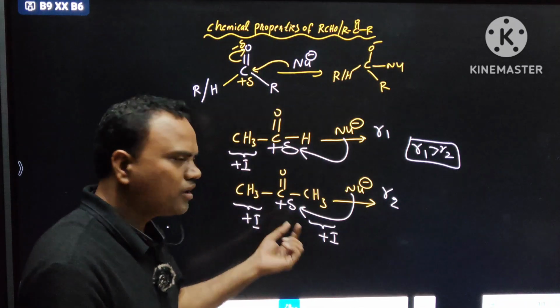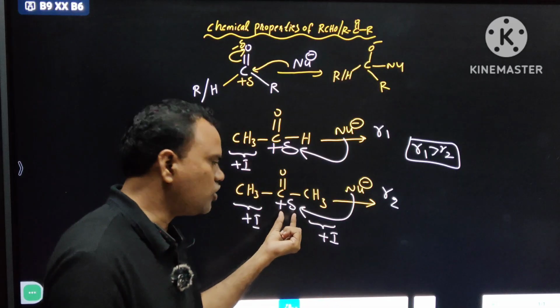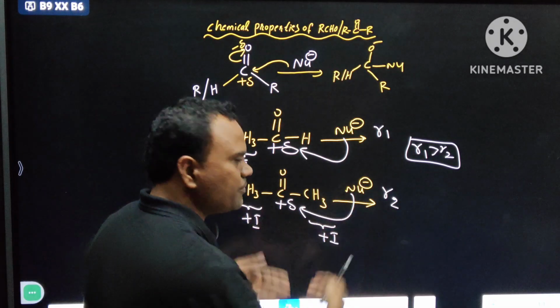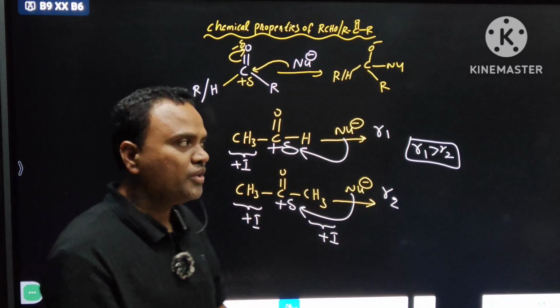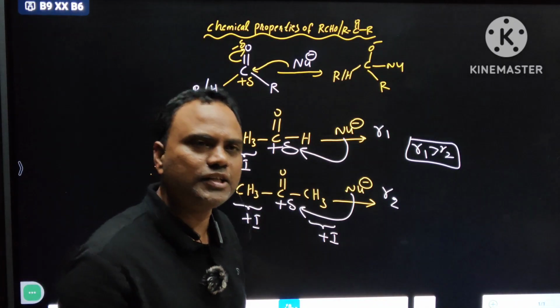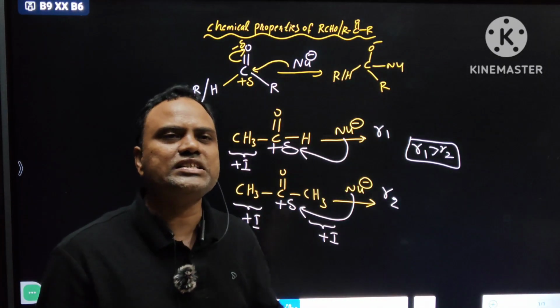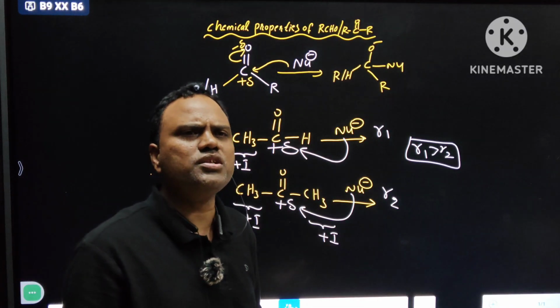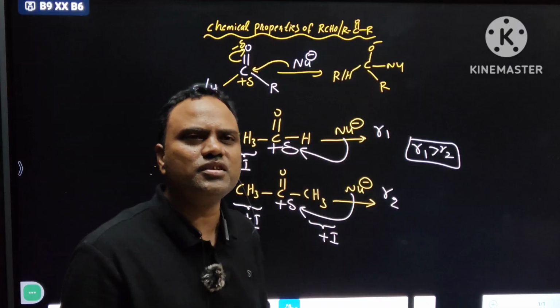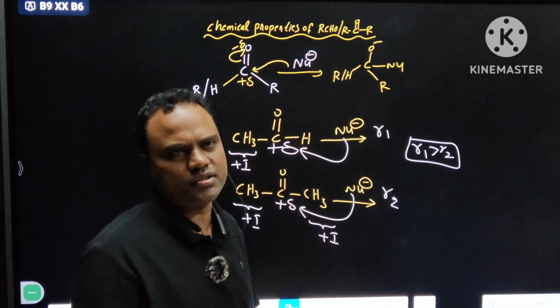Clear? So large positive will become small positive here because electrons are coming, electrons are neutralizing that positive charge, so in ketones, very very important, positive charge density is less on the carbonyl carbon. If positive charge is less, attack of nucleophile is difficult, our rate is lesser.